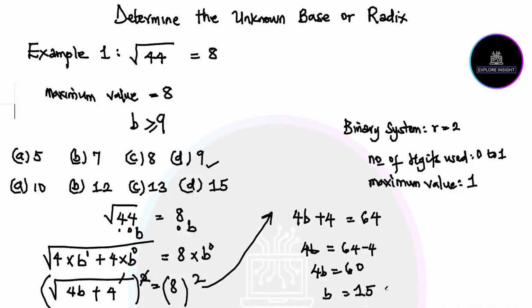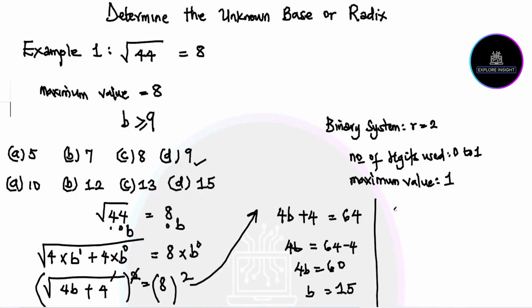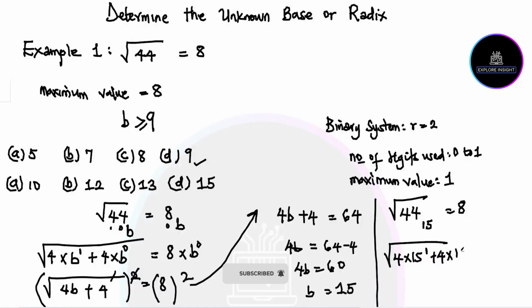If we go back to verify, we can tell that the square root of 44 under base 15 equals 8. Let's check that. We have 4 times 15 raised to power 1, plus 4 times 15 raised to power 0. So 15 raised to power 1 is 15, times 4 is 60, plus 15 raised to power 0 is 1, and 4 times 1 is 4.